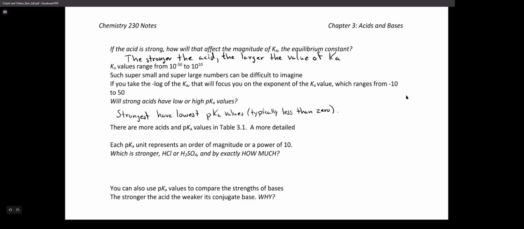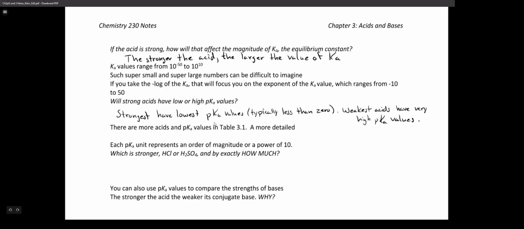The weakest acids have very high pKa values. For reasons that we'll get into later, any value which is less than 0 should be treated with suspicion.